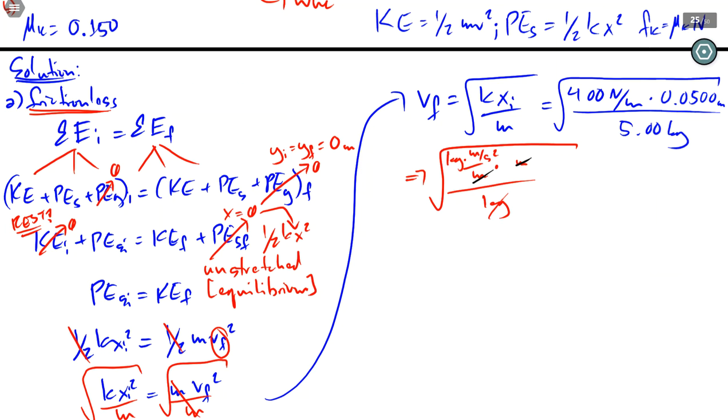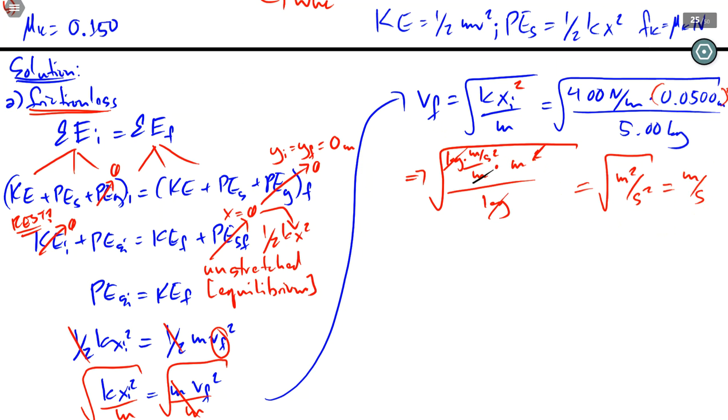Okay, the kilogram cancels out. I'm missing something. I think it's the squared in there. There we go. So that's a good thing. Just cancels out that, not the m itself. And how did I know that? It's because of the square root. I know I should have a meter squared per second squared in there to give us the unit of meters per second, which is exactly the units of what I'm looking for.